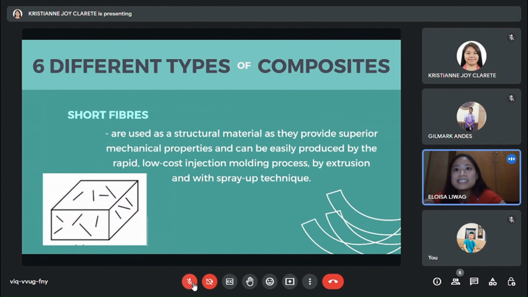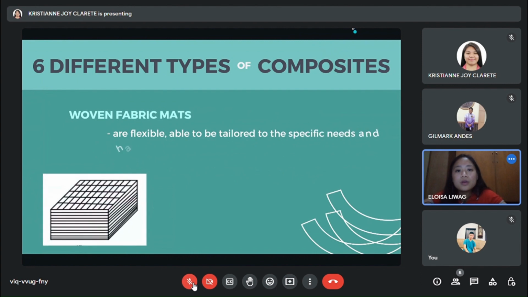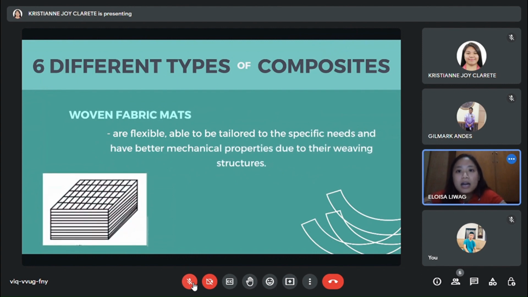So, the last one is the woven fabric mat. They are flexible, able to be tailored to specific needs, and have better mechanical properties due to their weaving structure. So it is advanced textile composites such as woven, braided, knitted, and stitched fabrics.